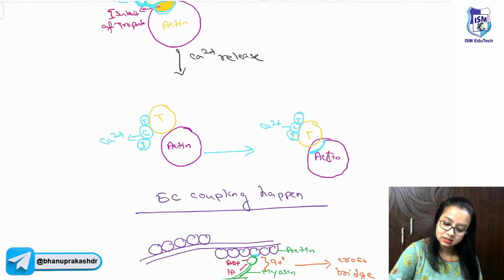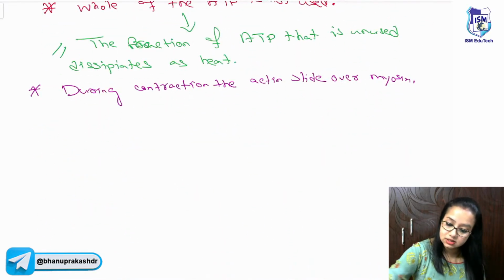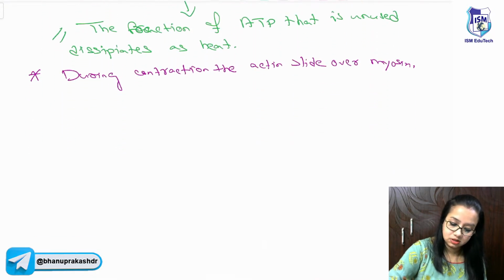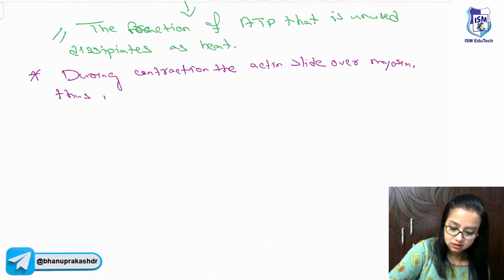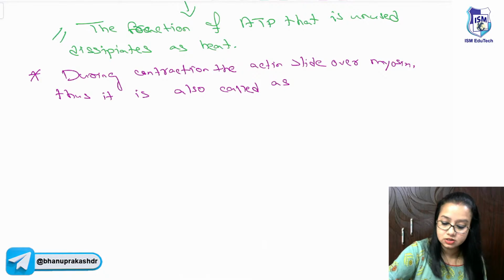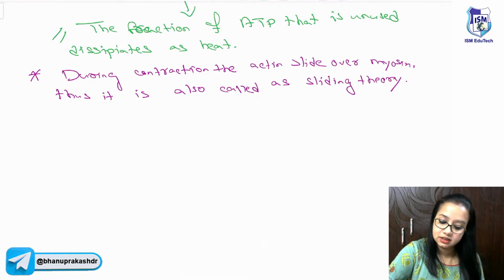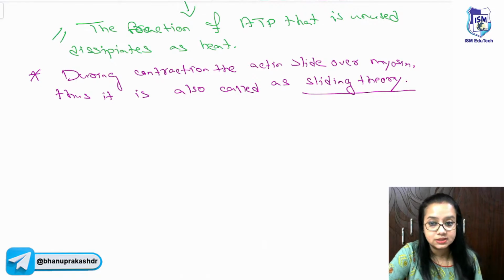The actin is like sliding over the myosin. Since this happens, it is also called or defined as the sliding theory of the muscle. This is what happens during contraction.